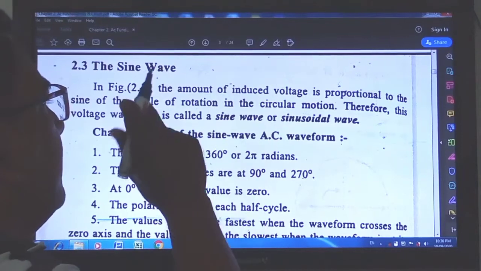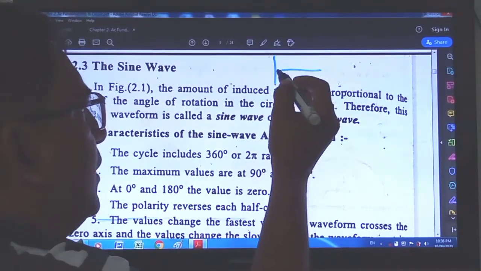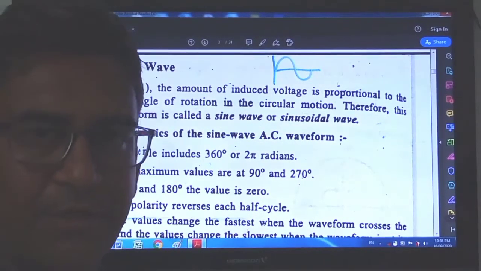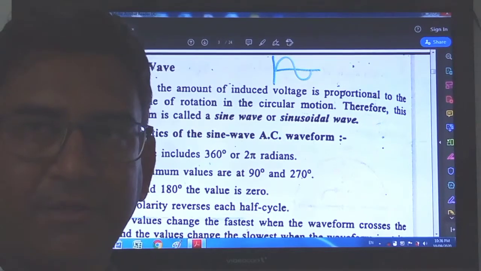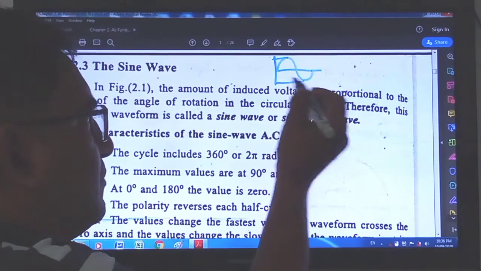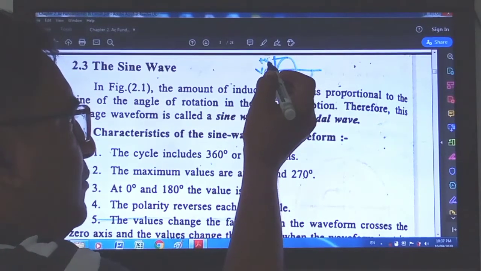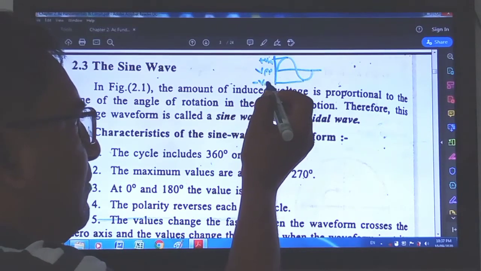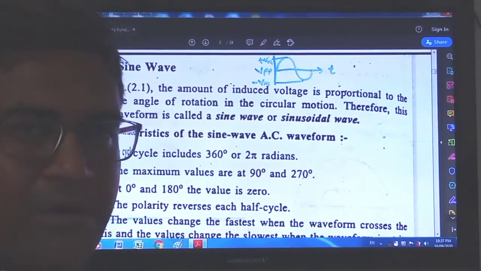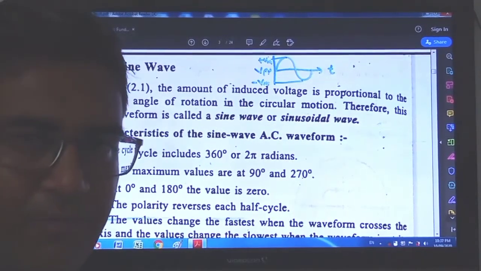In that figure, whatever figure we have studied up till now, the wave which we have drawn here was a 360 degree wave. In that 360 degree wave, as I told you, if we measure from this part to this part, you will see that it is a BPP. Here the positive is Vm, and minus Vm is indicated. In the x-axis we calculate the time period, and in the y-axis we calculate the voltage.